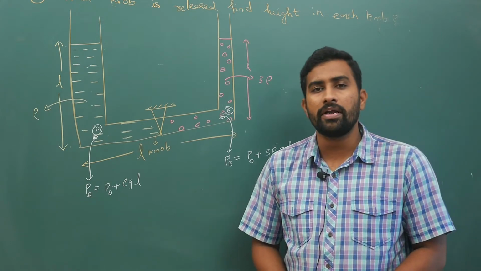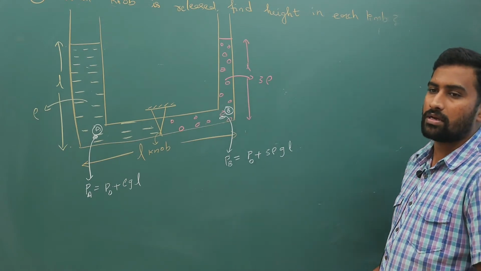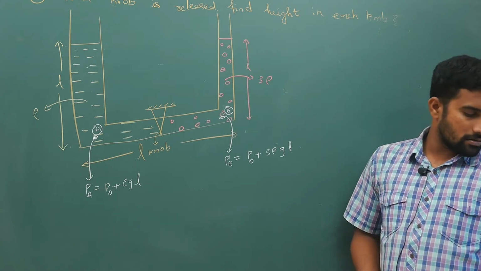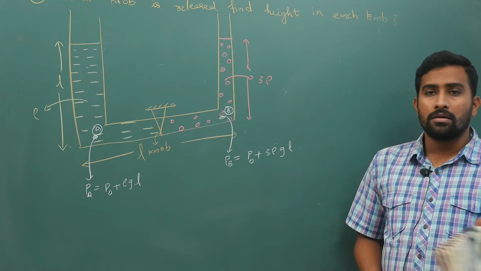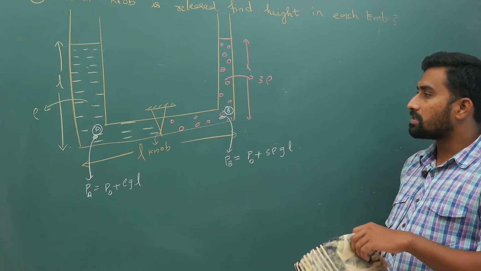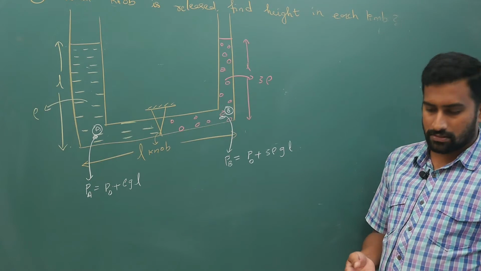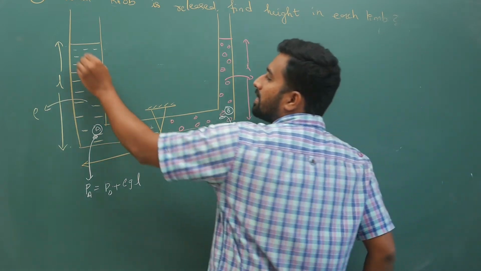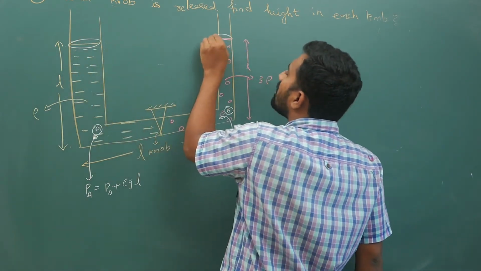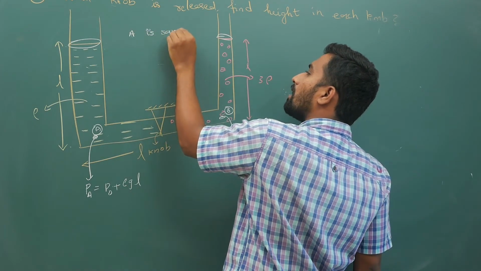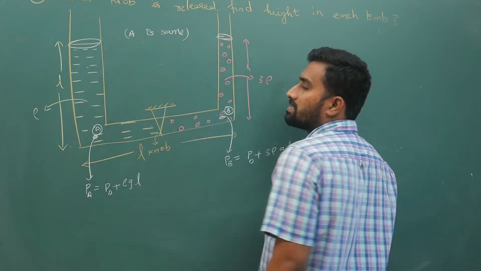Getting my point? Because of the pressure difference, your liquid will flow till when? Till the pressure becomes the same. Now there are certain initial conditions. The area of cross section of both limbs is the same, you have to take that, or else you have to do volume conservation.